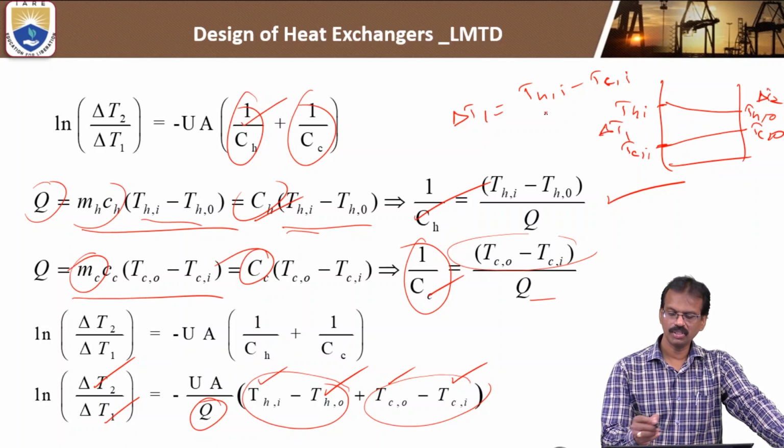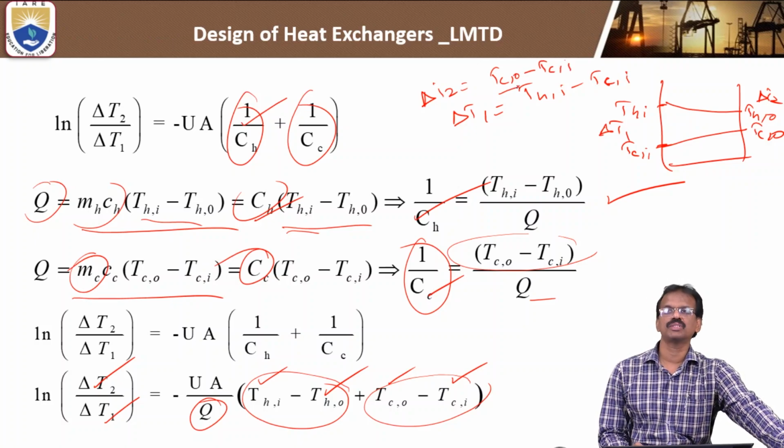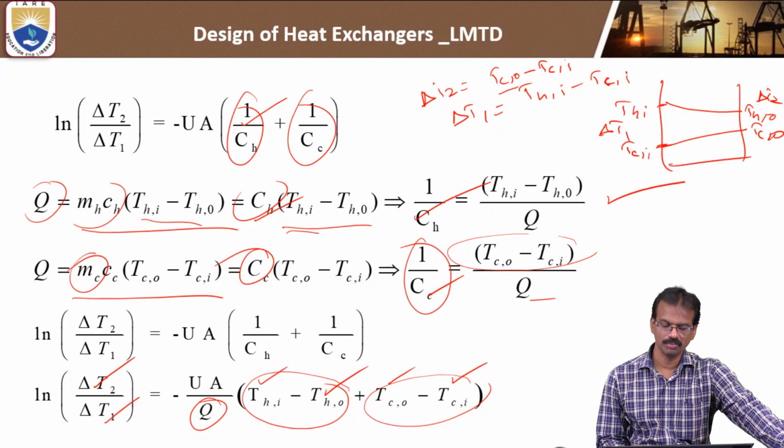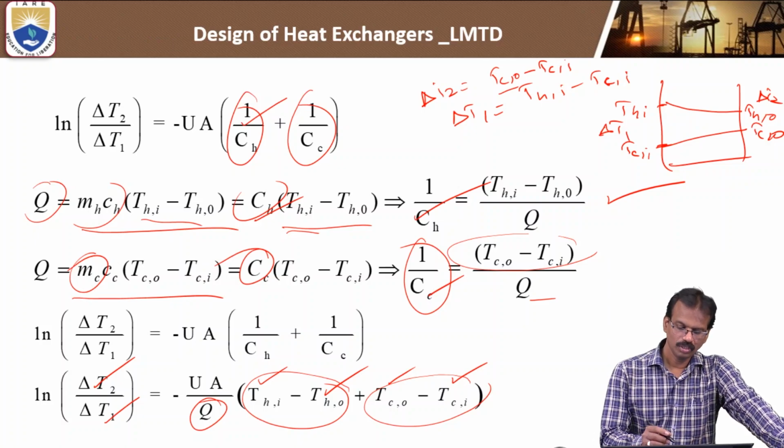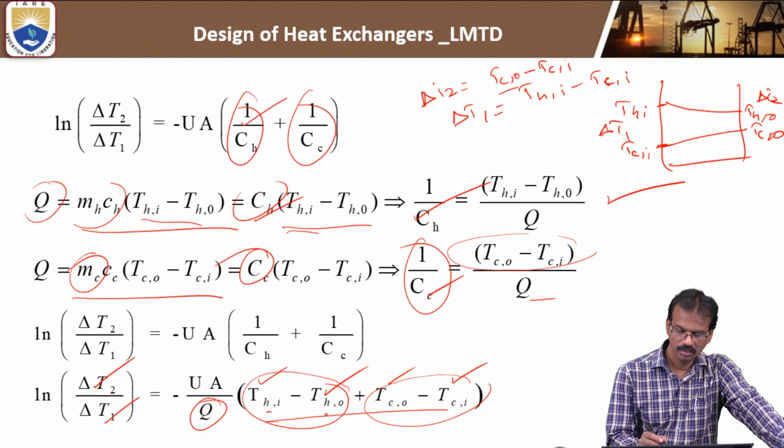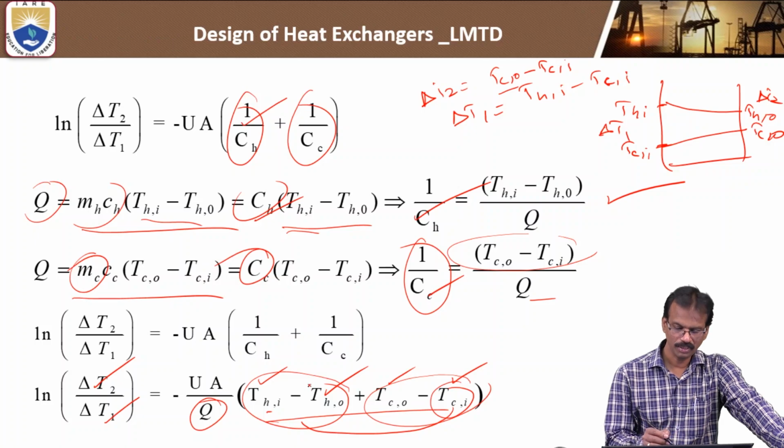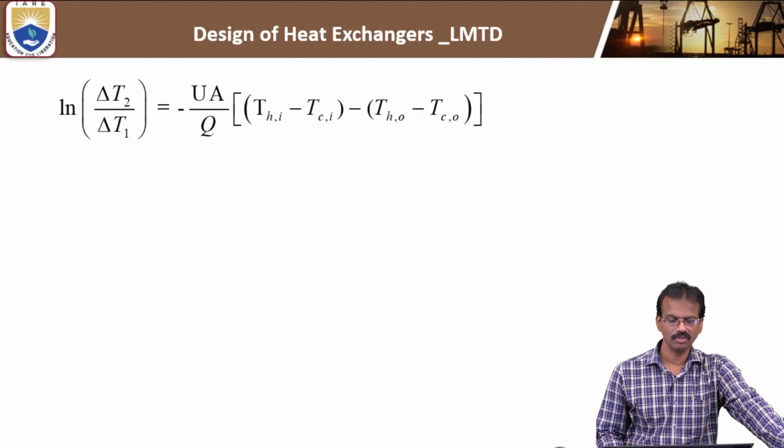So delta T1 is equal to THi minus TCi, and delta T2 is equal to THo minus TCo, because the outlet temperature of the cold fluid is greater than the inlet temperature of the cold fluid. So we can rearrange these temperatures. It means THi minus TCi. First bring this term near to the inlet temperature of the hot fluid. Then minus is the common term, then THo minus TCo. Okay, so the equation will be like this one.